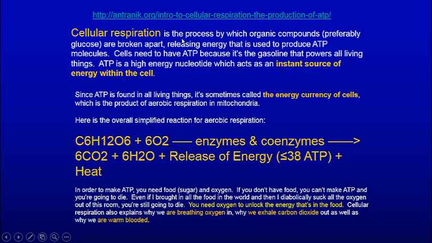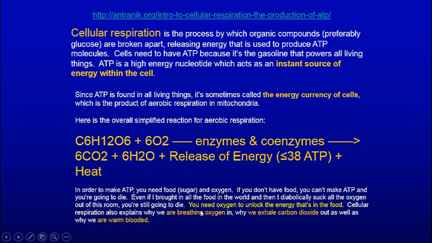Now, cellular respiration is the process where organic compounds, like glucose, are broken apart, releasing energy, ATP. And here we can see it: glucose plus oxygen, with enzymes and coenzymes, yields CO2 and water, and release of energy and heat. That's what we do with respiration.